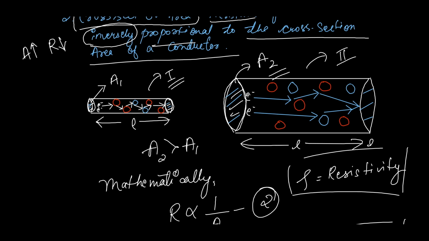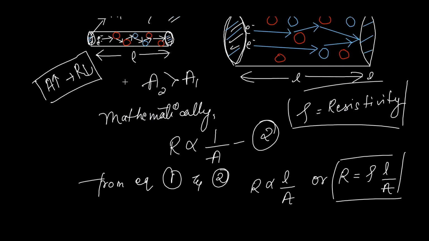So see how increasing the cross section area gives more space for the electron to flow easily inside a conductor, and that is how it affects the resistance. So if you increase the cross section area, it will result in a decrease of resistance, always remember.